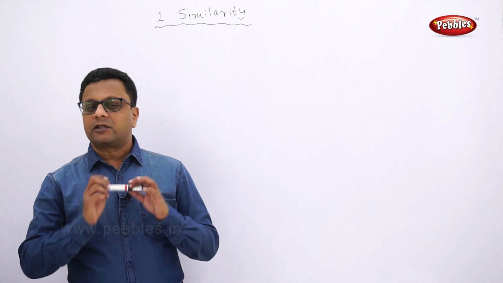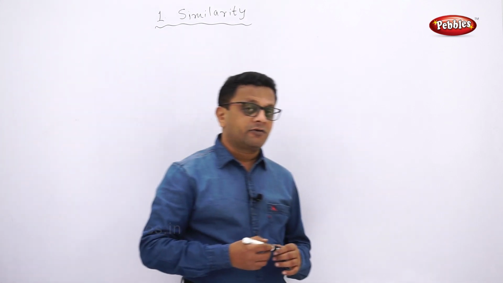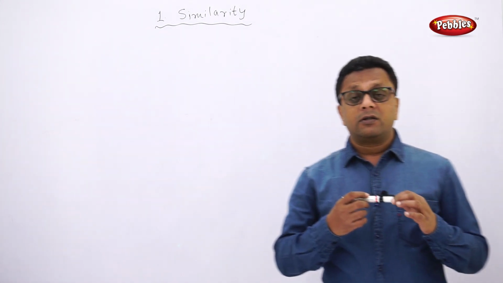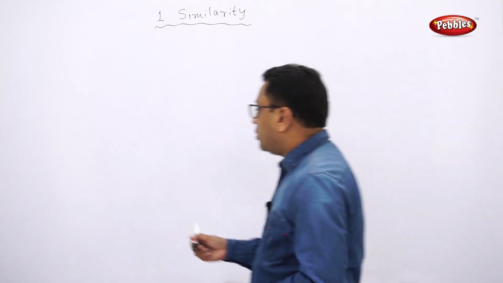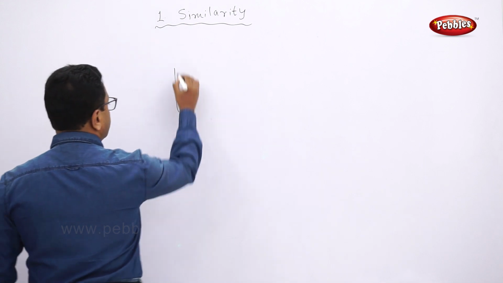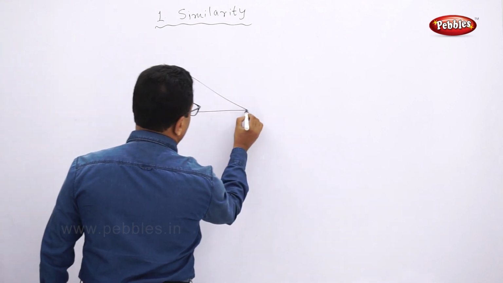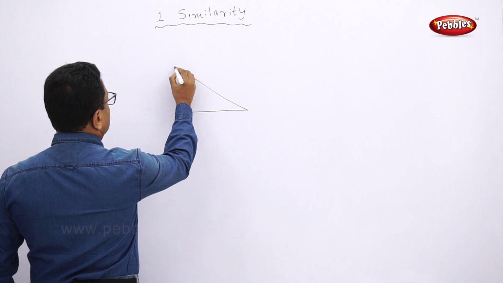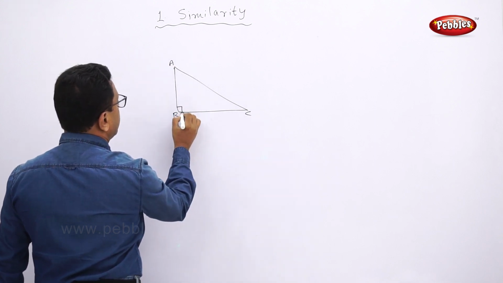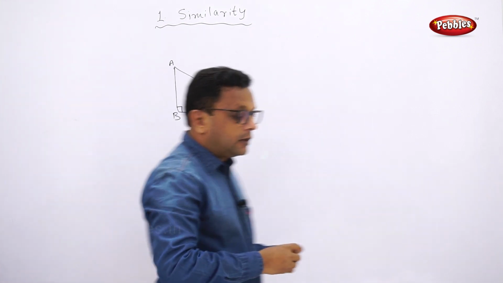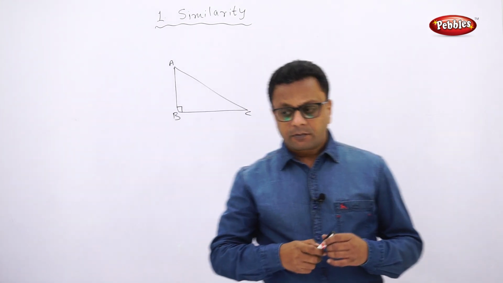Theorem is extremely simple, and you must have studied this in your 7th, 8th and 9th standard also. Okay, so the theorem says that suppose this is a right angle triangle. Now let me tell you one more thing.